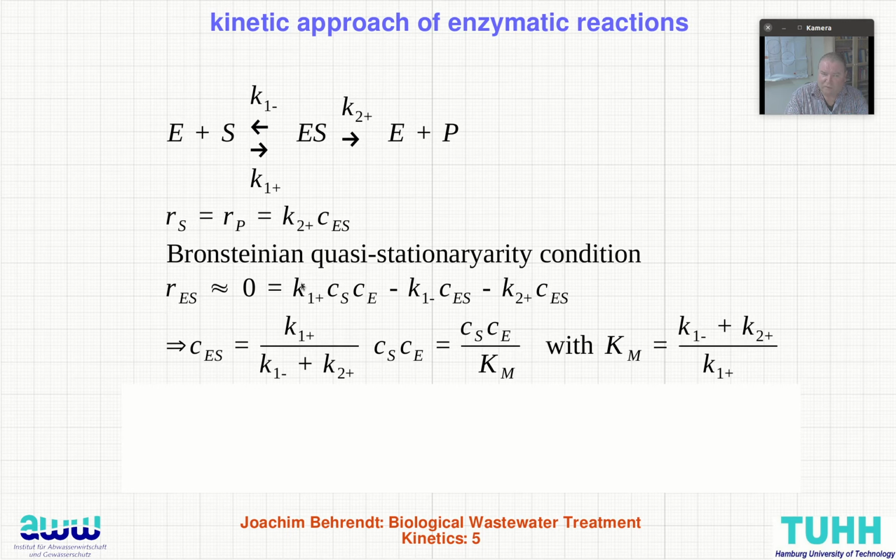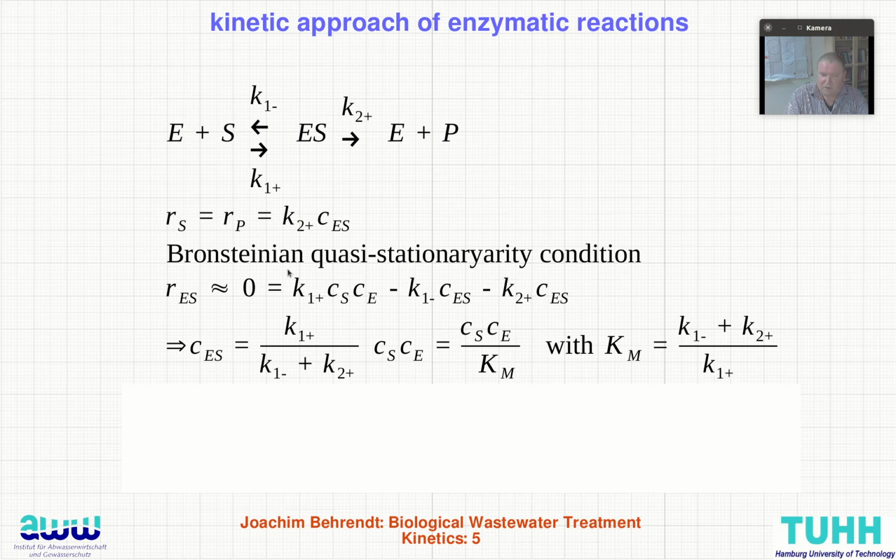Therefore, we have seen the production of the enzyme substrate complex is only going this way. Therefore, this is K1 plus multiplied with the concentration of the substrate multiplied with the concentration of the enzyme. And the reduction of the enzyme substrate complex is with respect to the backwards reaction, K minus 1 times the concentration of the enzyme substrate complex, and as well K2 plus.